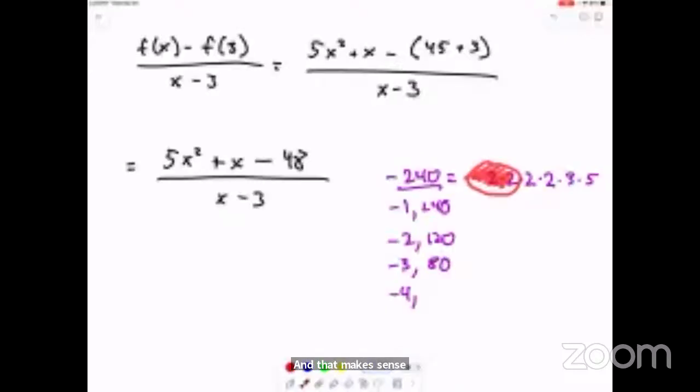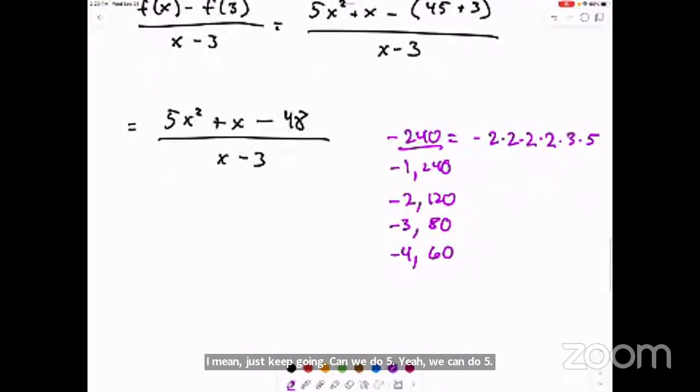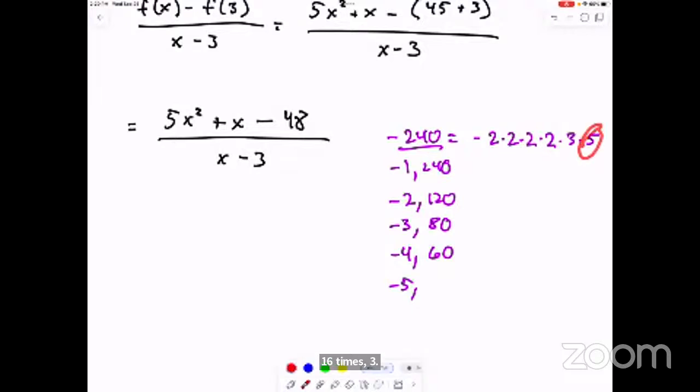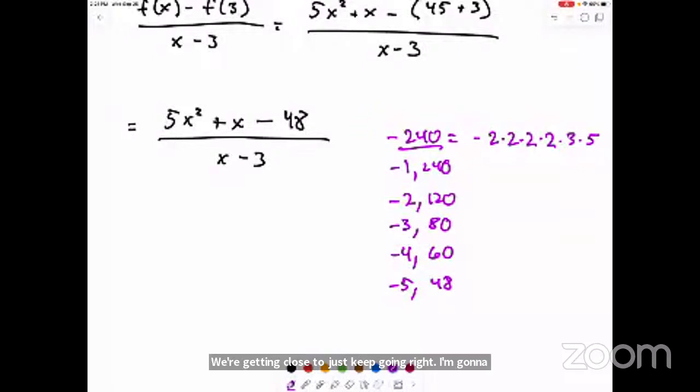Can we do 5? Yeah, we can do 5, right? Because if we use this 5 right here, what's left over? 16 times 3 is 48. We're getting close. Let's just keep going. We can do 6 right here.